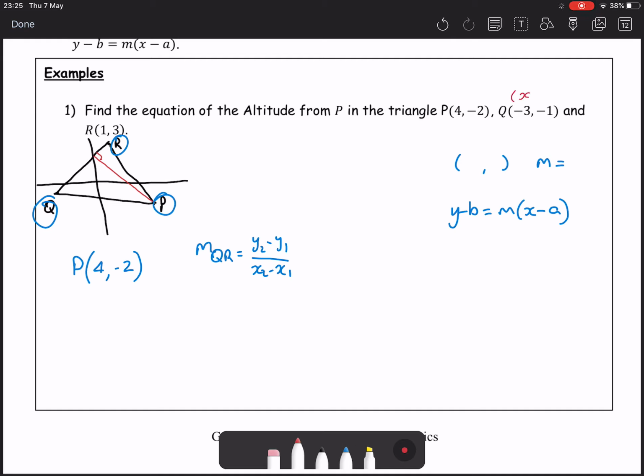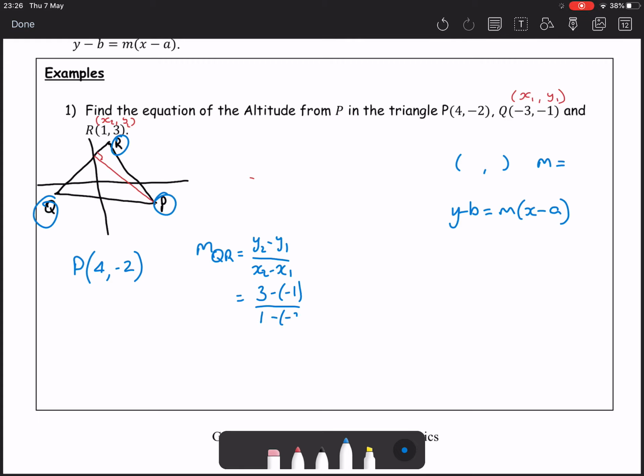So x and y of our first point, x and y of our second. So 3 minus 1 over 1 minus 3.